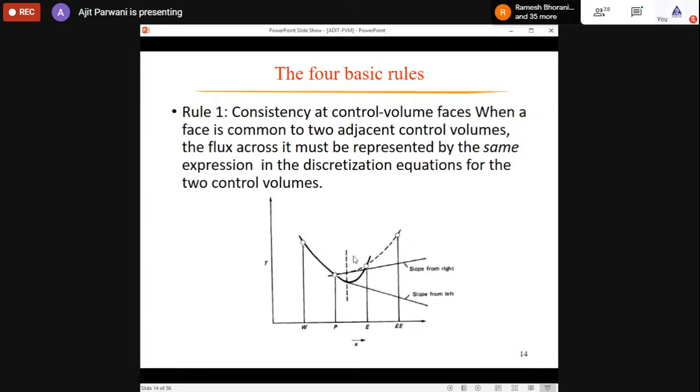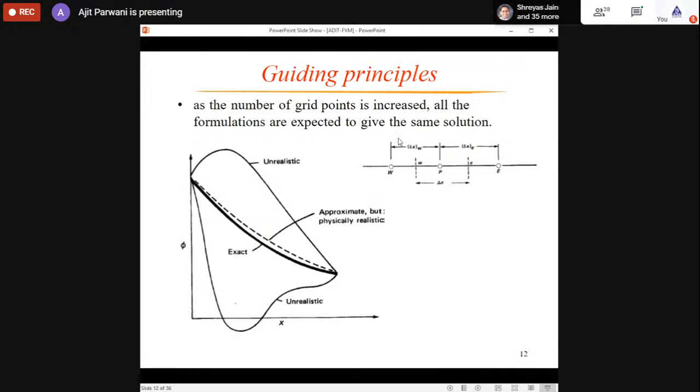What does it mean? Just see this diagram. Suppose there are 2 control volumes, one is the P control volume and the other is the E control volume. Now this E surface is common to the control volumes of P and E. For the control volume of P, this is the E surface, and for the control volume of E, this surface is also there.